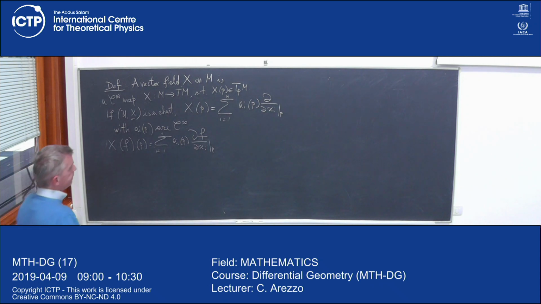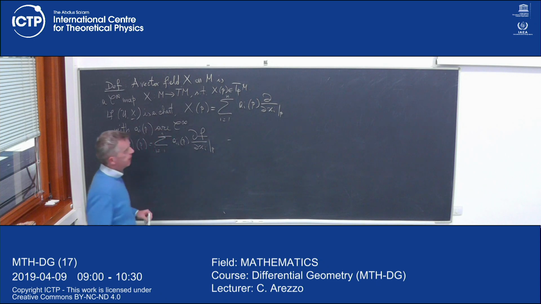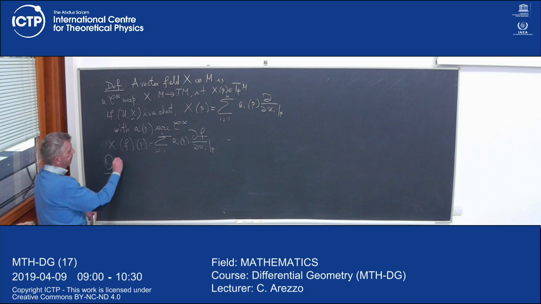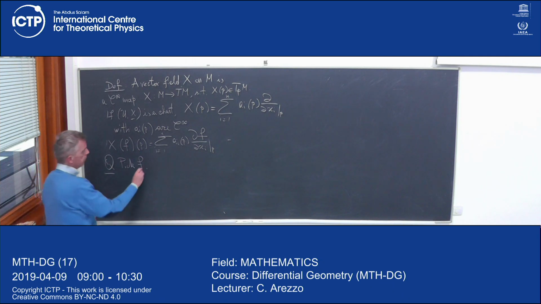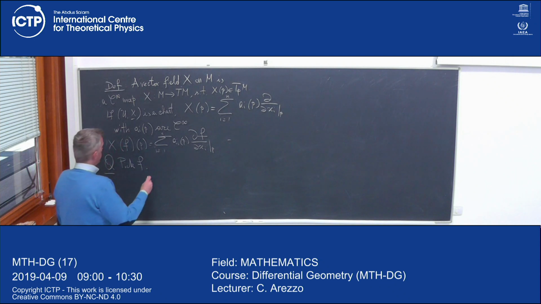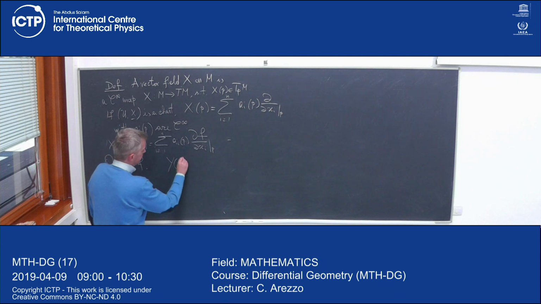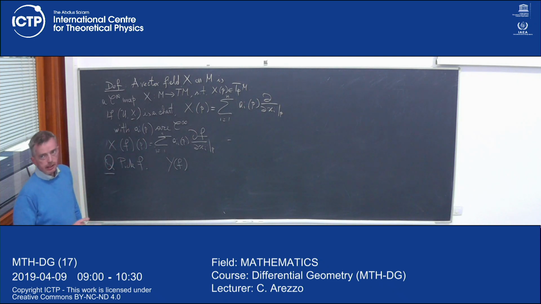Now, many of the interesting things coming from vector fields come from the following observation. Pick f a smooth function. What I just said is that if I take a vector field, I can act on the function and I get another function.